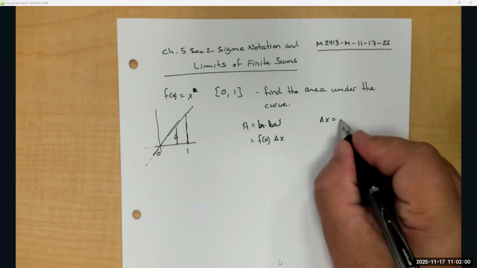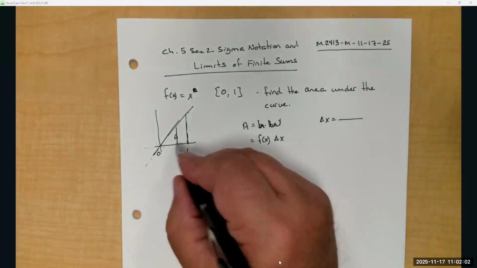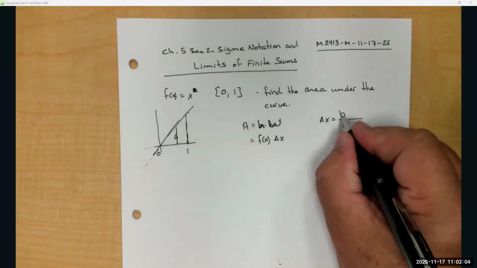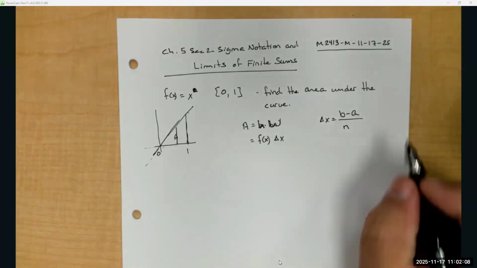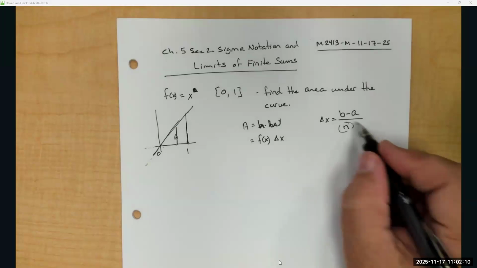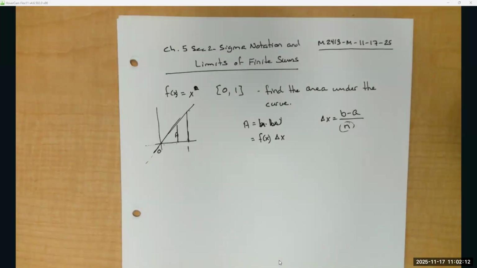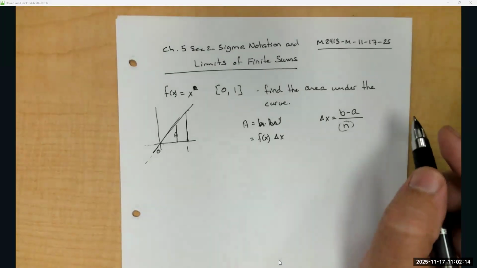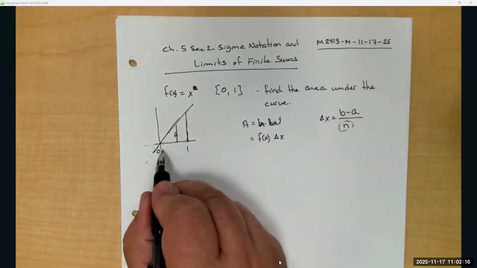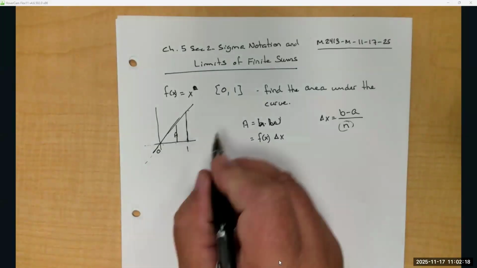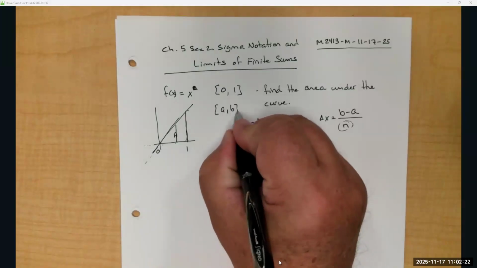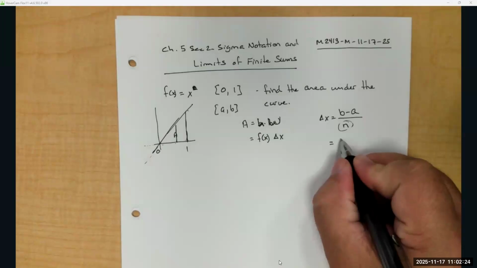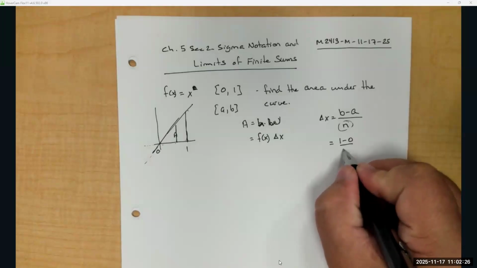The formula for delta x, if all the widths are the same, is this, depending on how many intervals we want to have. In our case, our domain is 1 minus 0 over n.